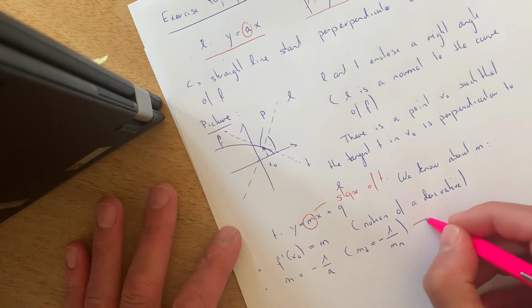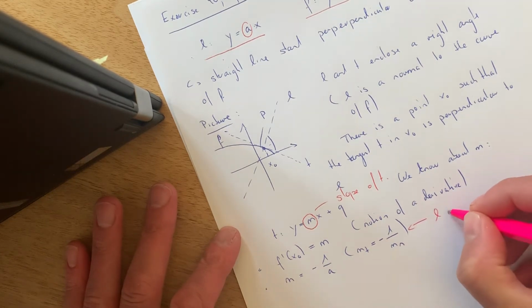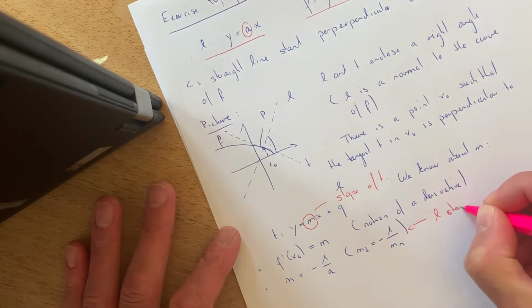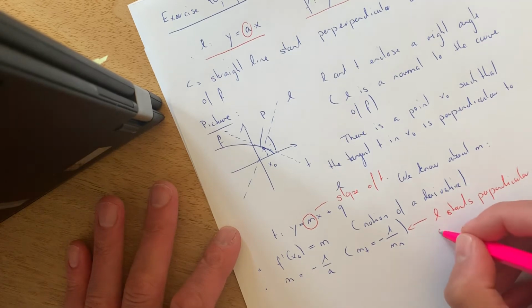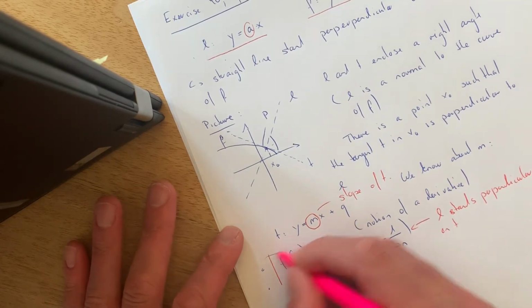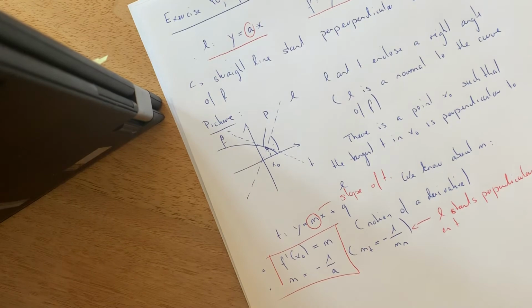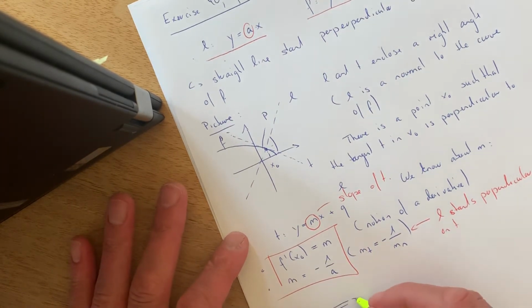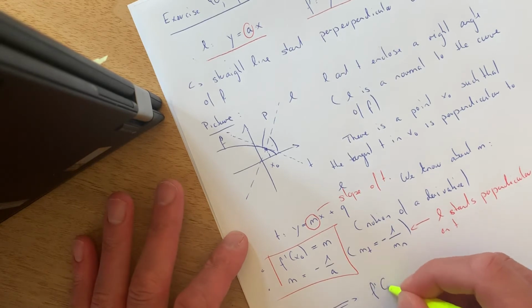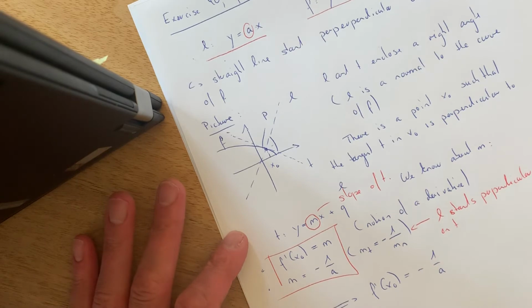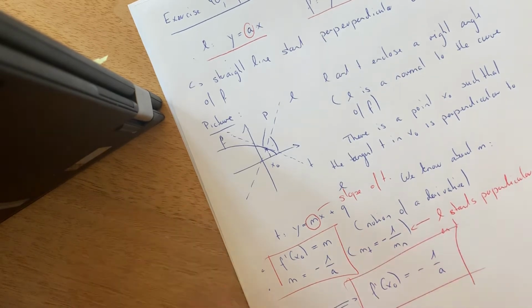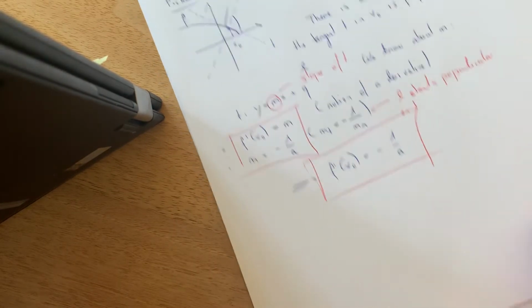So this thing here is due to the fact that L stands perpendicular on T. Together we have these two things, and this is m and this is m, so we can set these two things equal, and this leads to the most important equation of the whole exercise: f prime of x0 equals minus 1 over a.